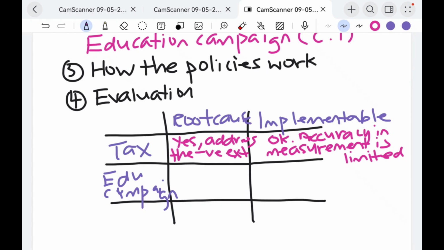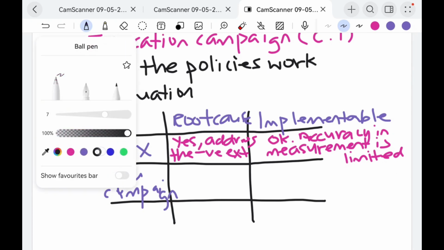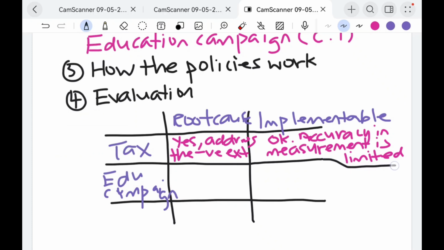So now what you are supposed to do, now that you acknowledge the limitation, which is that yes, tax can be implemented, but maybe the size of the tax is not so accurate. So the government may either under tax, where they measure the extent of the externality to be too small, or they over tax, where the extent of externality that they have measured is too much.